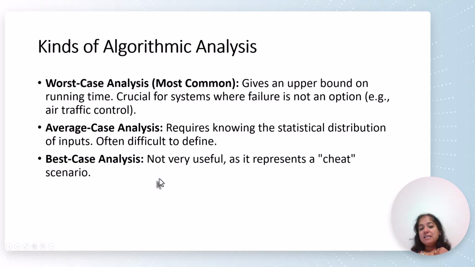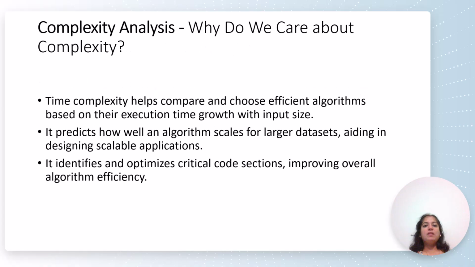And best case analysis is not very useful because it works only in scenarios known to you, like if you're performing sorting and your data is already sorted, but that is very rare, right? So the most common is the worst case analysis, which gives us the upper bound on the running time.